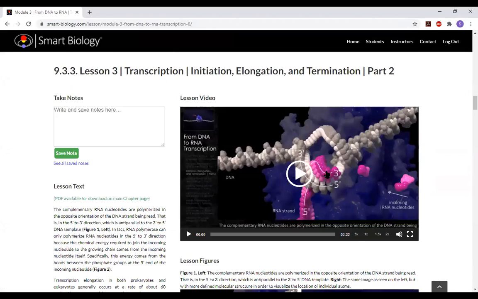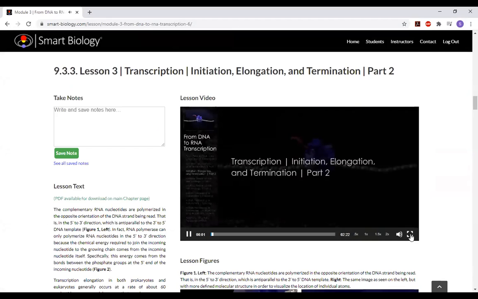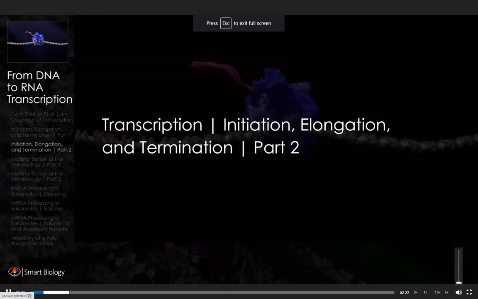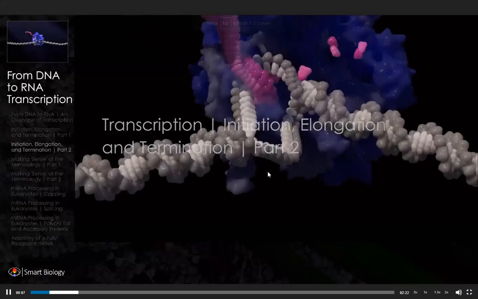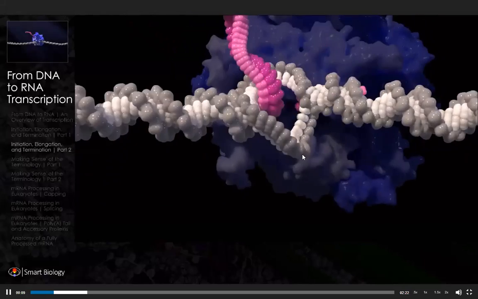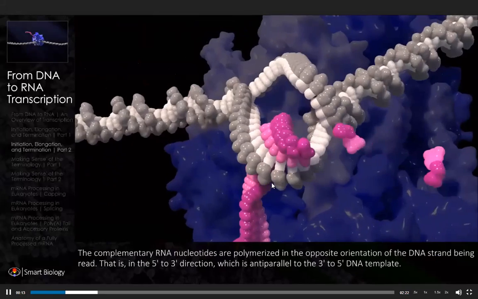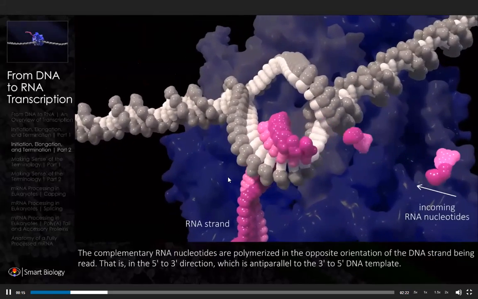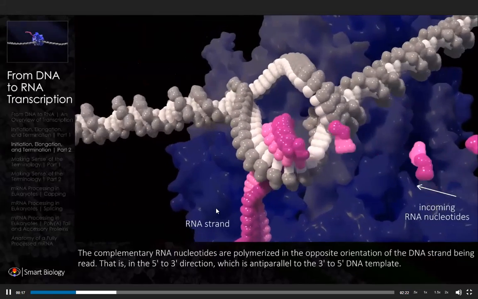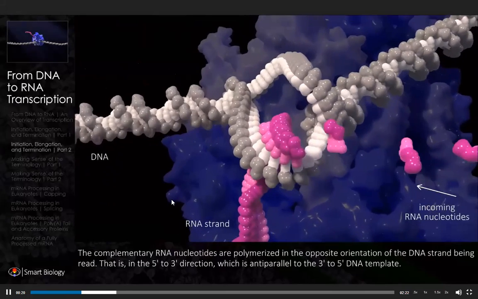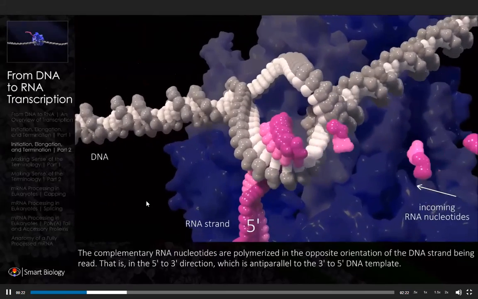In the next part, we are going to look into further details, initiation, elongation, and termination. So what we saw was the addition of the new nucleotides in a 5 to 3 prime direction. This is anti-parallel to the 3 to 5 prime template.